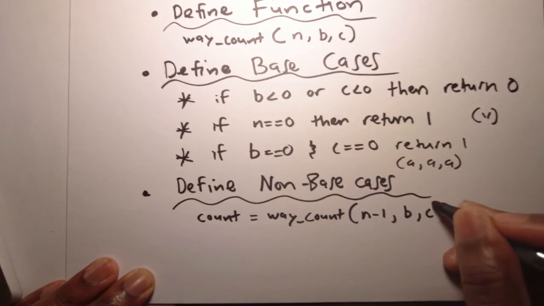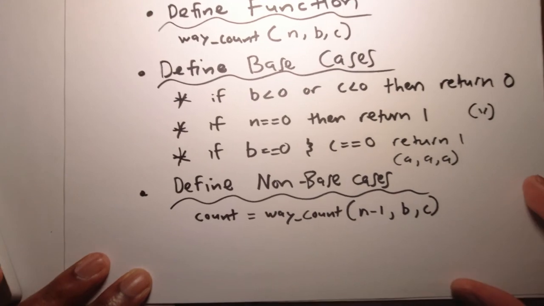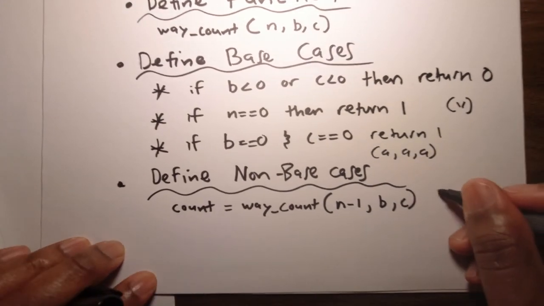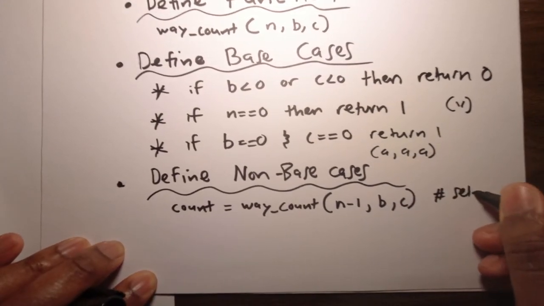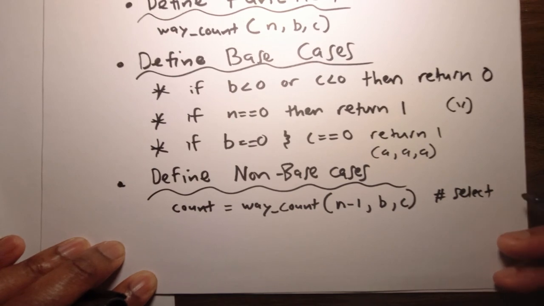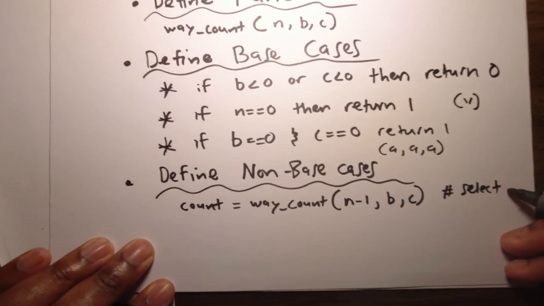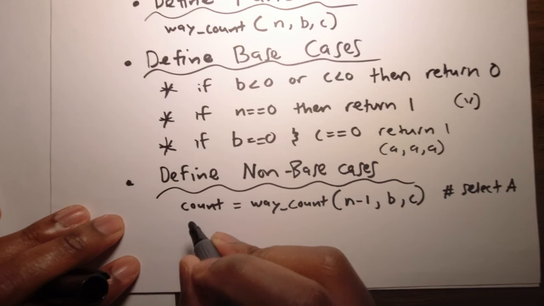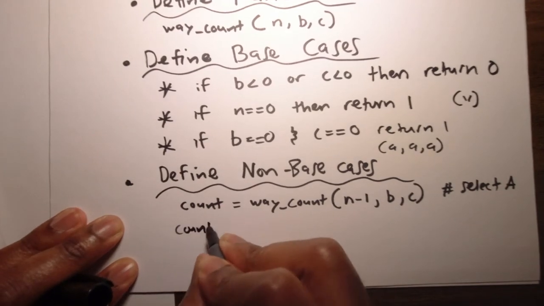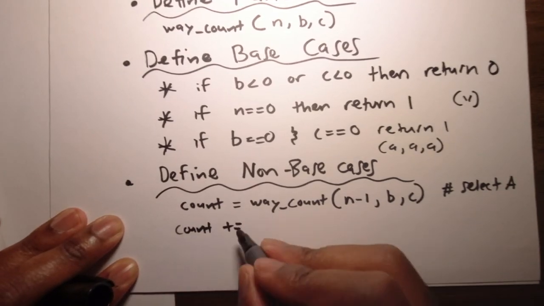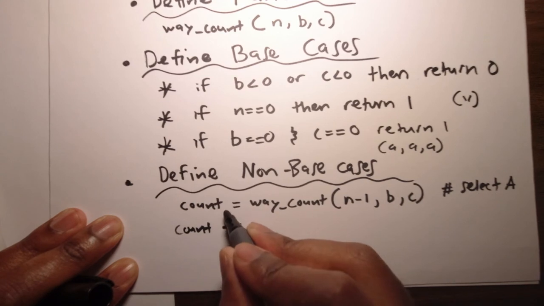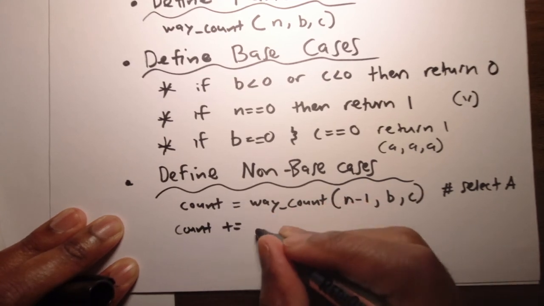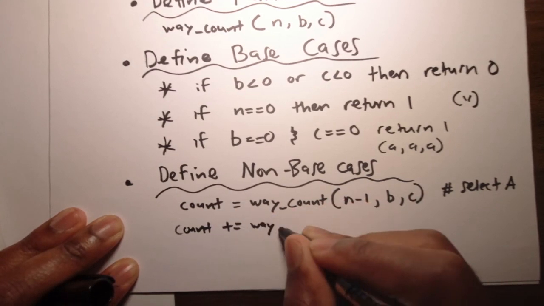B and C will not change, so we keep that the same here. And I'll put select A. All right. The other possibility that we have, so I'll do plus to indicate that we're using the previous solution above, is that we could select a B.